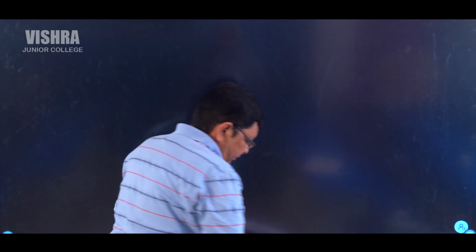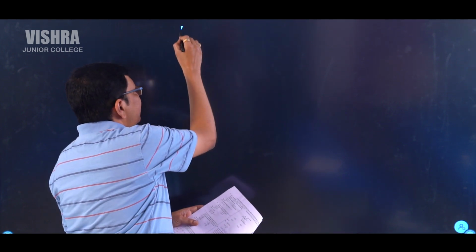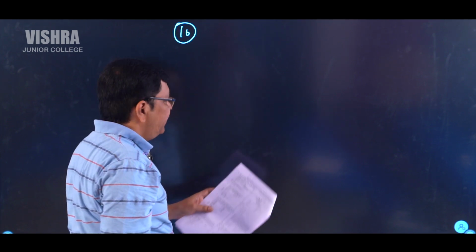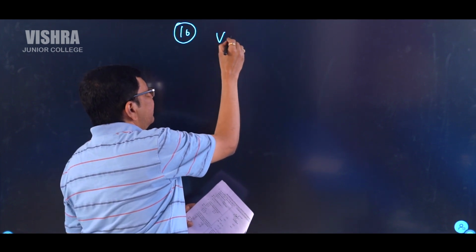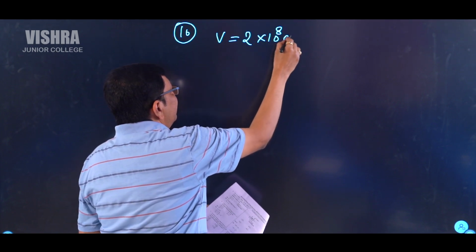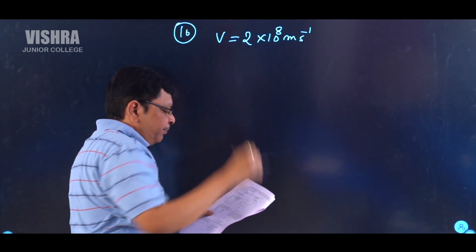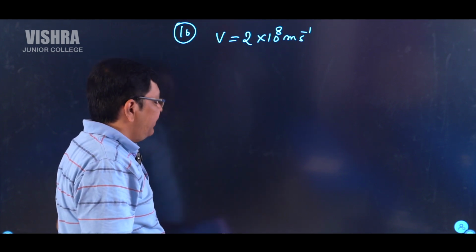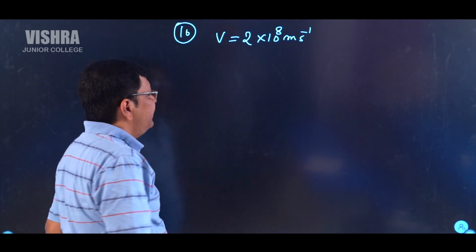In the next question, it is given that a proton is moving with uniform velocity 2 into 10 power 8 meters per second in a uniform magnetic field. There is a uniform magnetic and electric field, and they are perpendicular to each other.